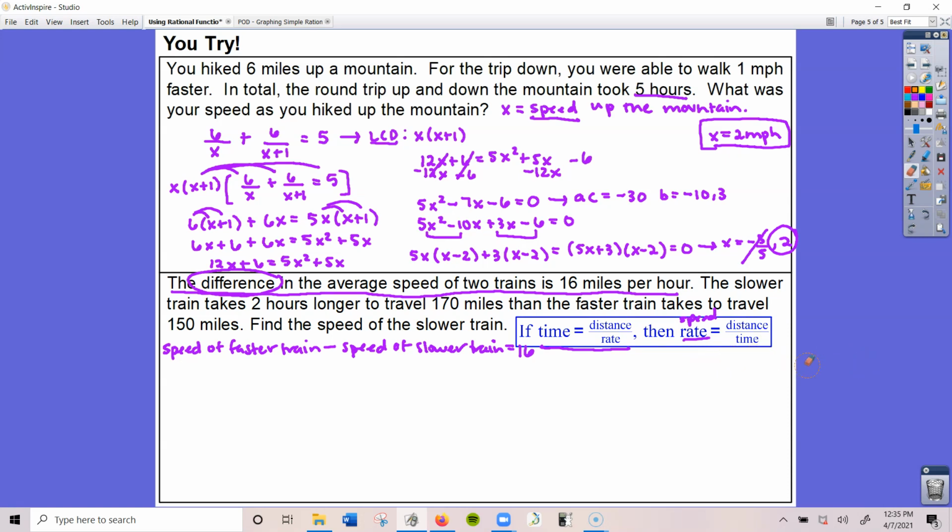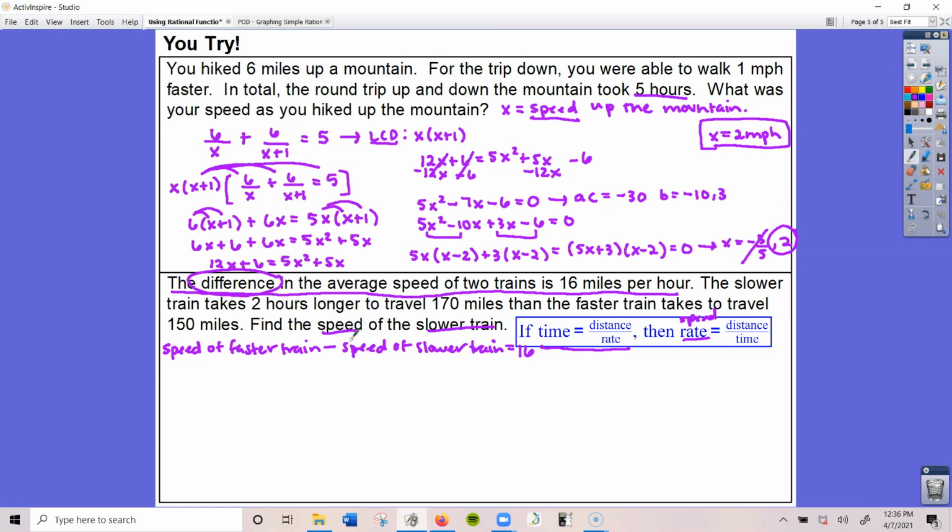Now let's get back to this. In order to write an expression for the speed of these, I need to assign a variable. Now, here what I'm looking for at the very end is to find the speed of the slower train, which is going to be this expression here. So x cannot be speed.